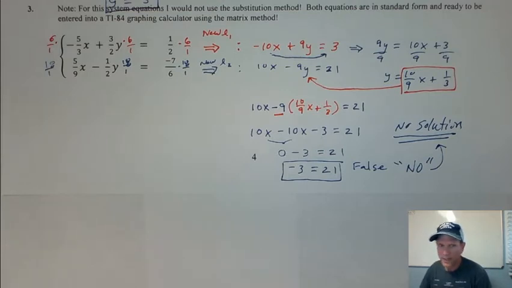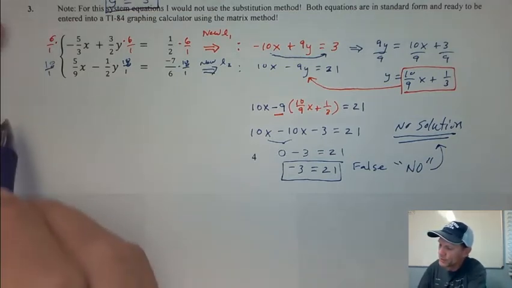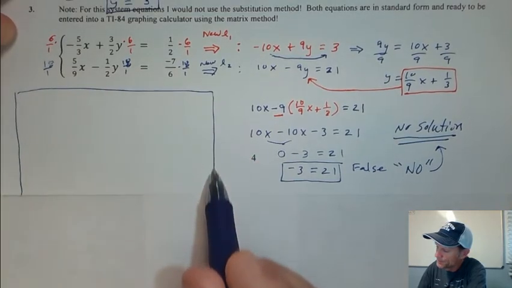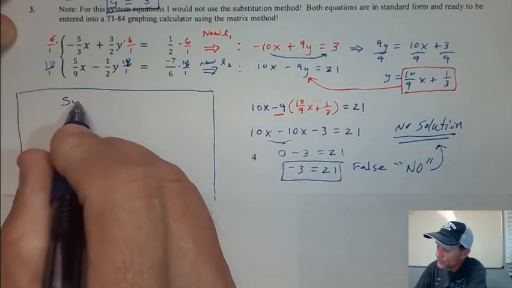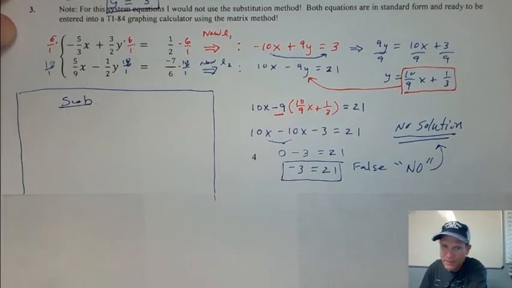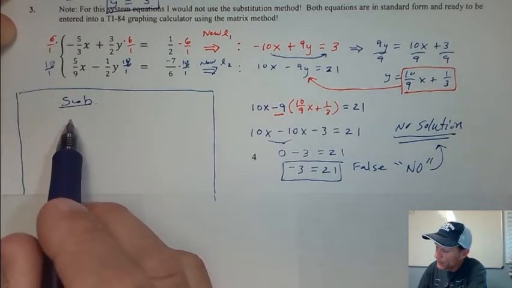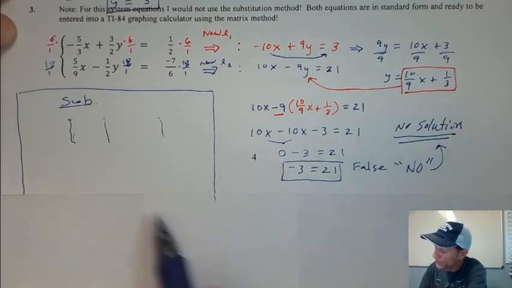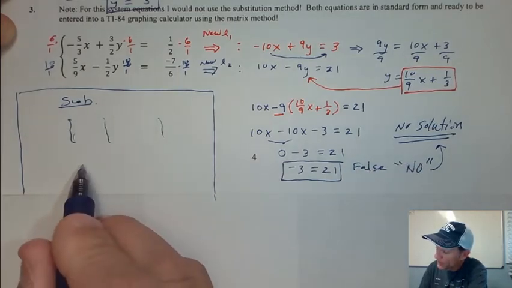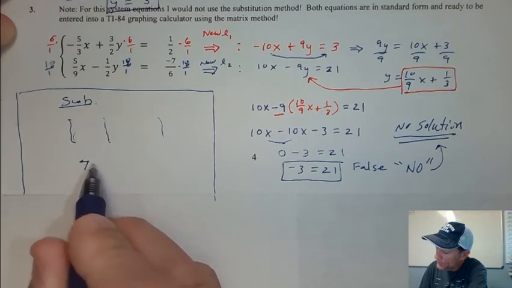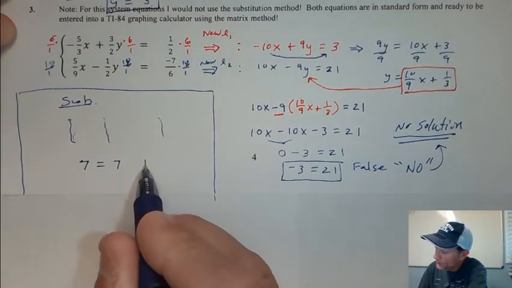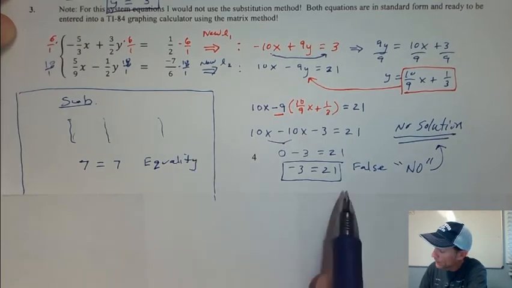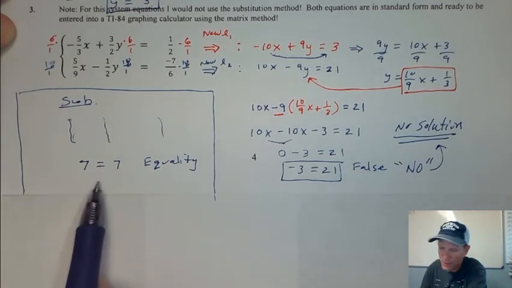And now real quick, I have a little space over here. I'm going to show you, if you were working a problem in substitution, and say you're working down and working down just like we were over here, and all your variables cancel out and you come up with some type of equality like this. Not a false statement, but you see there's no variables here.